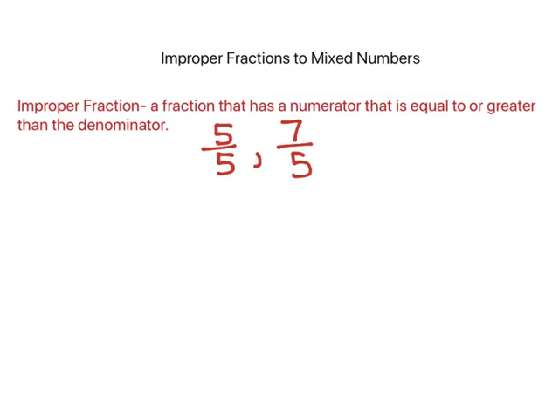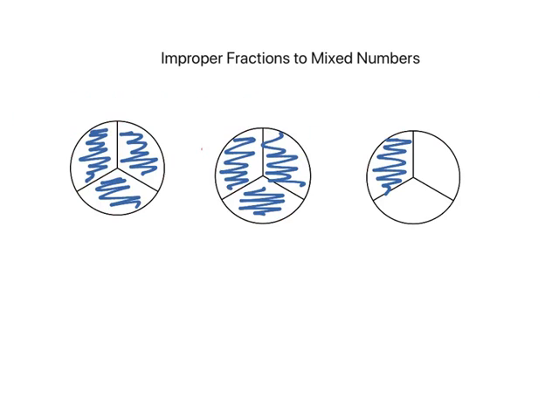So how do improper fractions compare to mixed numbers? Let's look at an example. Looking at these pies, we can represent them in a couple different ways. One way we can think about it is, since for this first pie all of my pieces are filled in, we can think of it as one whole pie. The middle pie has all of the pieces filled in, so we can think of it as one whole pie as well.